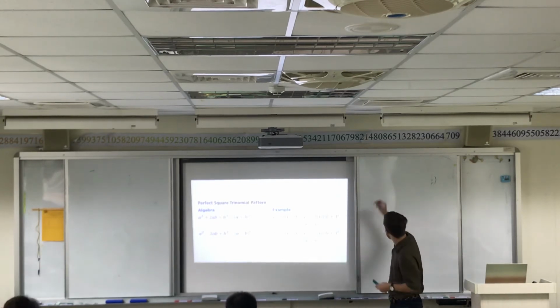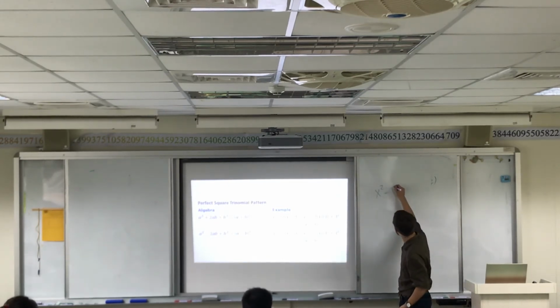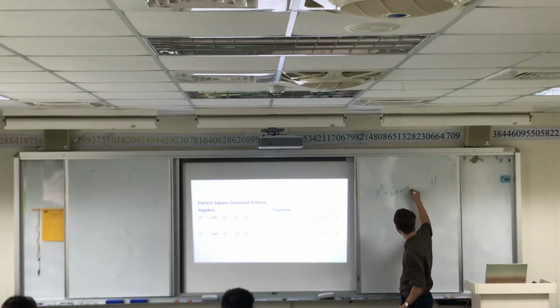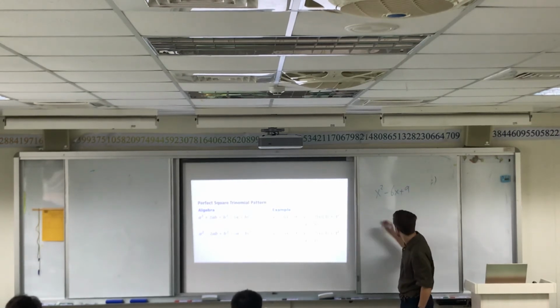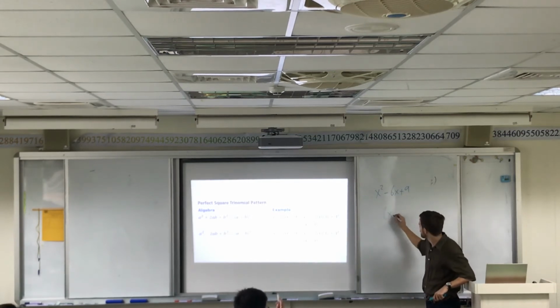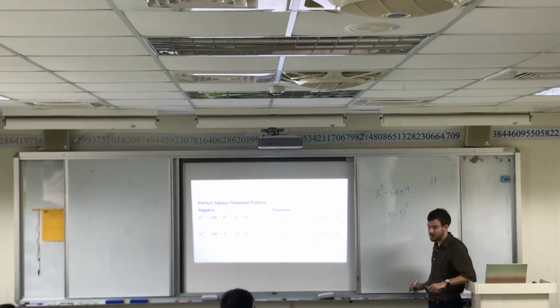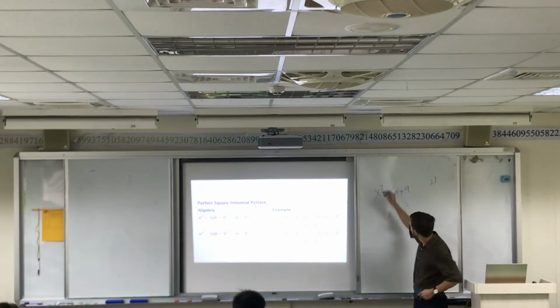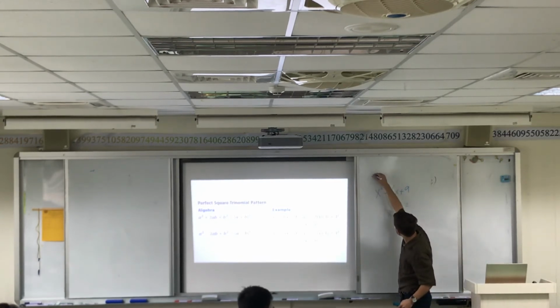So, if I give you this, x squared minus 6x plus 9, and I want you to factor this. 6 is 2 times negative 3, right? And 9 is negative 3 squared, right? So this is x minus 3 squared. Because it follows this pattern. X is your a.